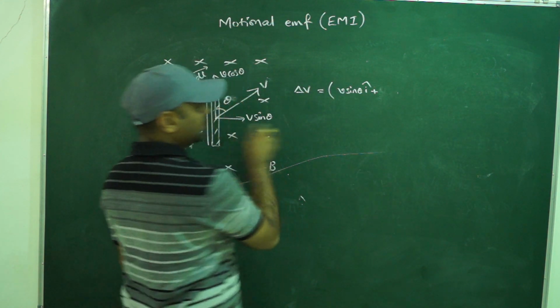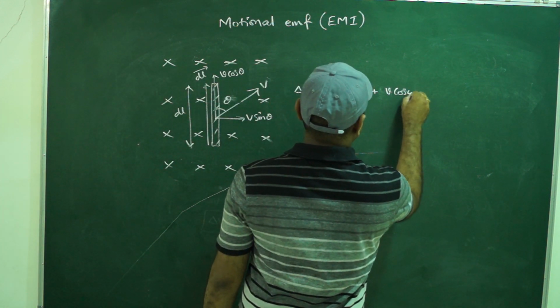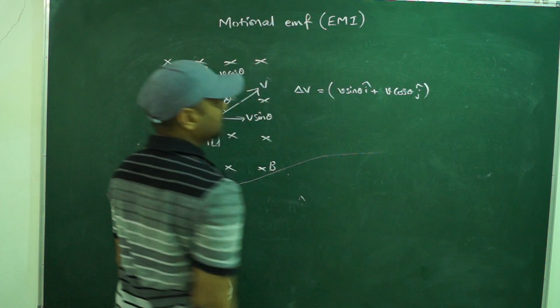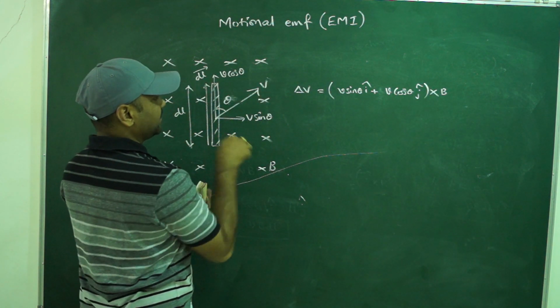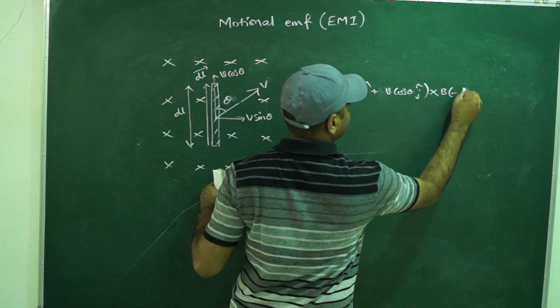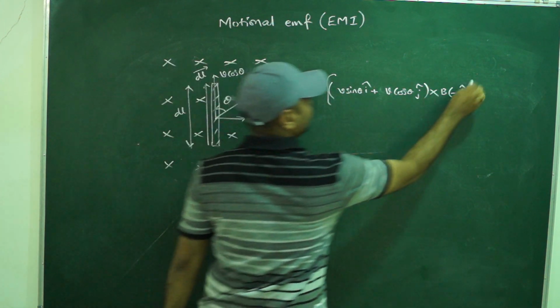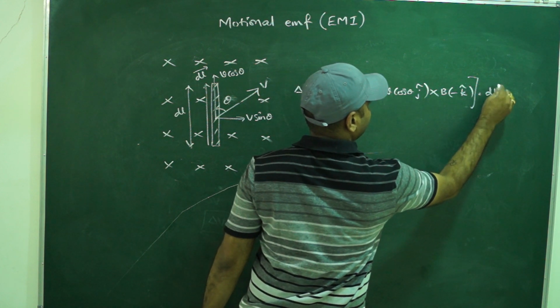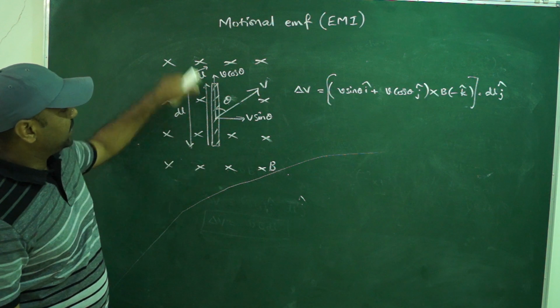V sin theta i cap along the x-axis, V cos theta j cap. Okay, this is V bar. Cross B bar, B k cap inside, minus k cap. Dot product with dl j cap, dl I am taking in upward direction.